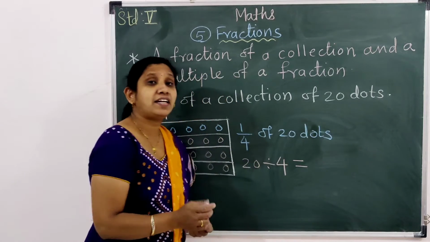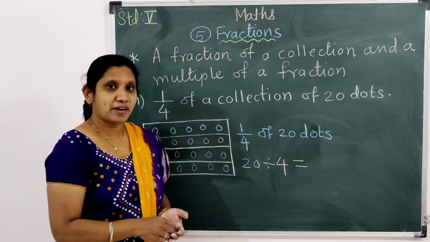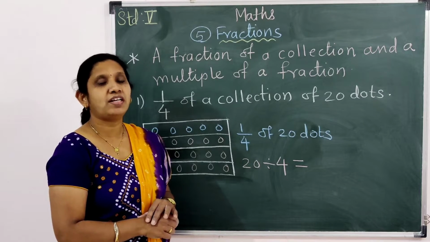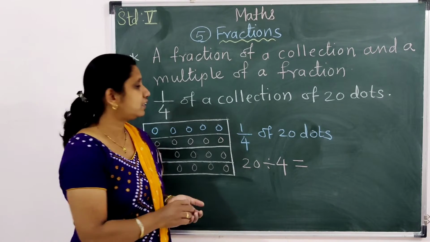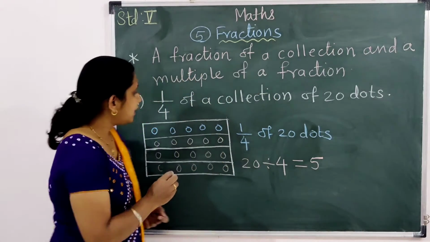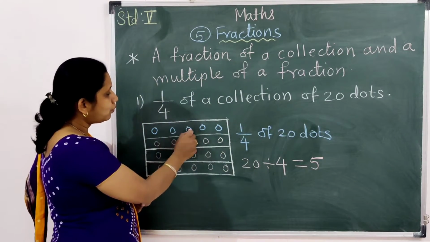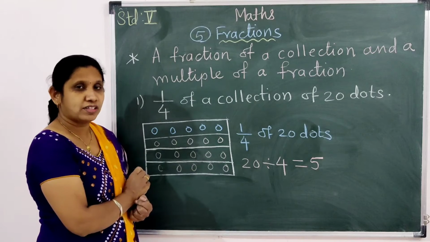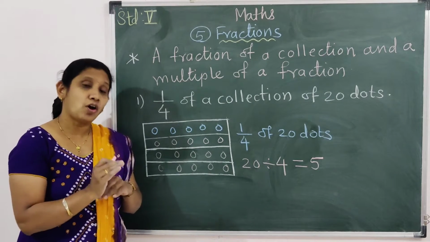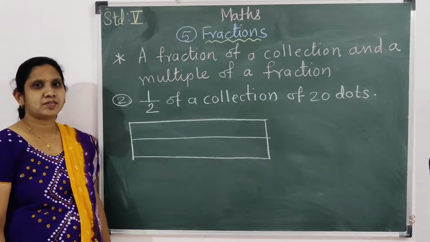We have to say the table of 4 till 20. 4 ones are 4, 4 twos are 8, 4 threes are 12, 4 fours are 16, 4 fives are 20. Isn't it? That is why in one group we got 5 dots. Is it clear, children? So this is a fraction of a collection.